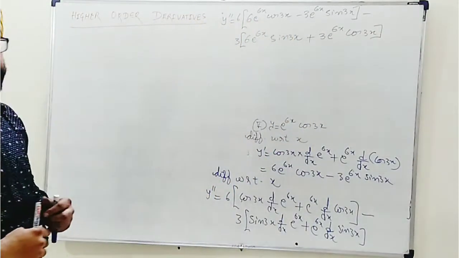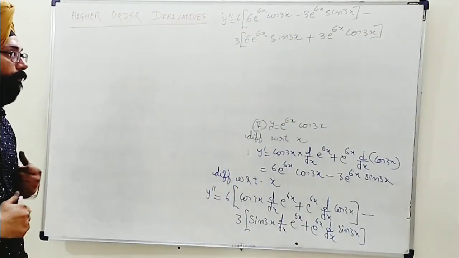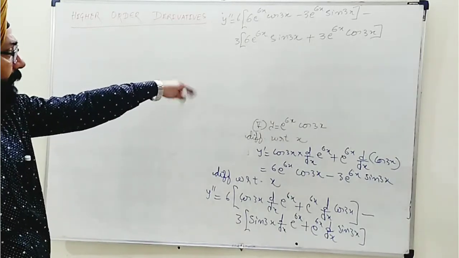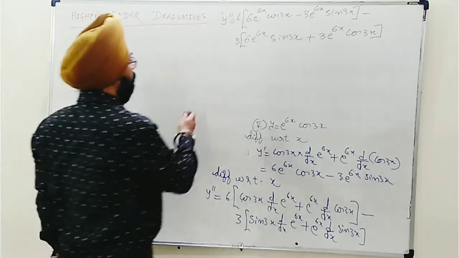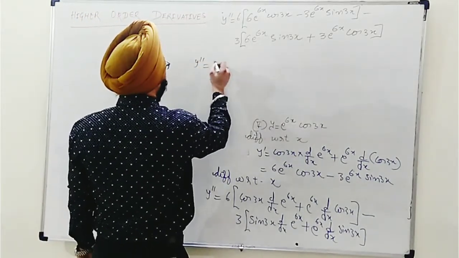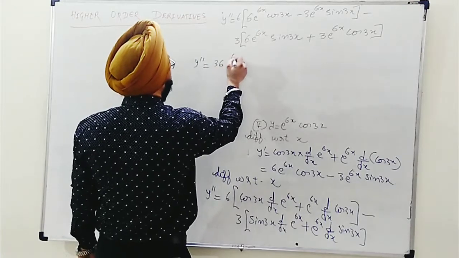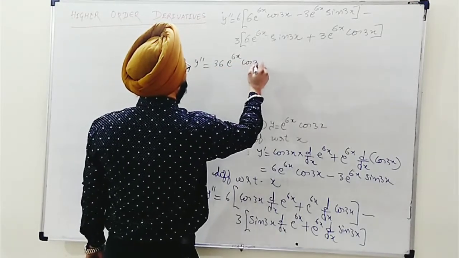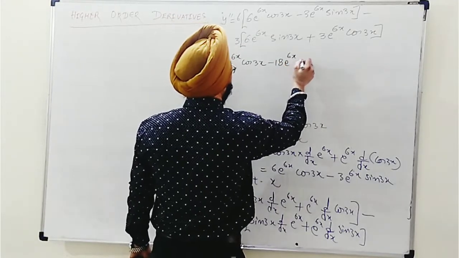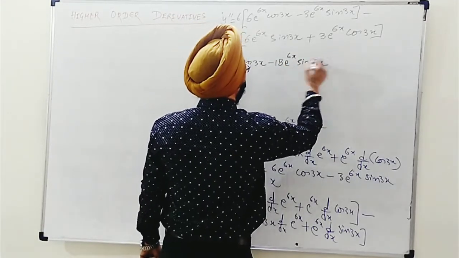I hope this much is understood to you. Now, the rest what we have to do, we have to open all the brackets and simplify the terms. We get y double dash as 6 6 are 36 e to the power 6x cos 3x, 6 3s are 18 e to the power 6x sin 3x.